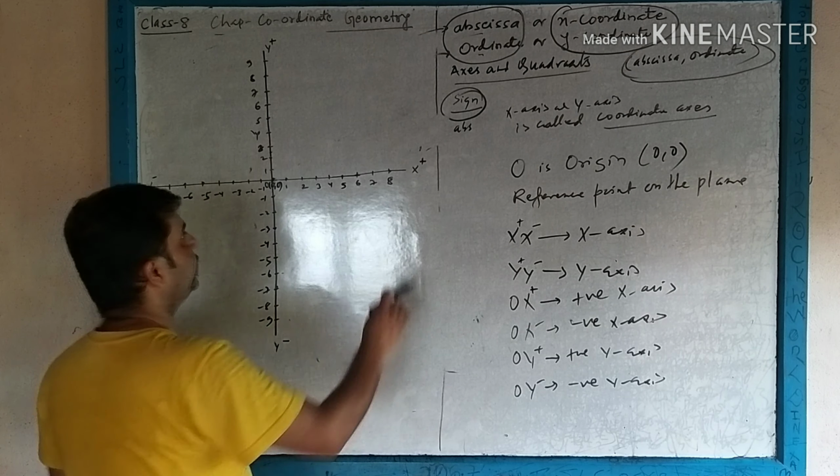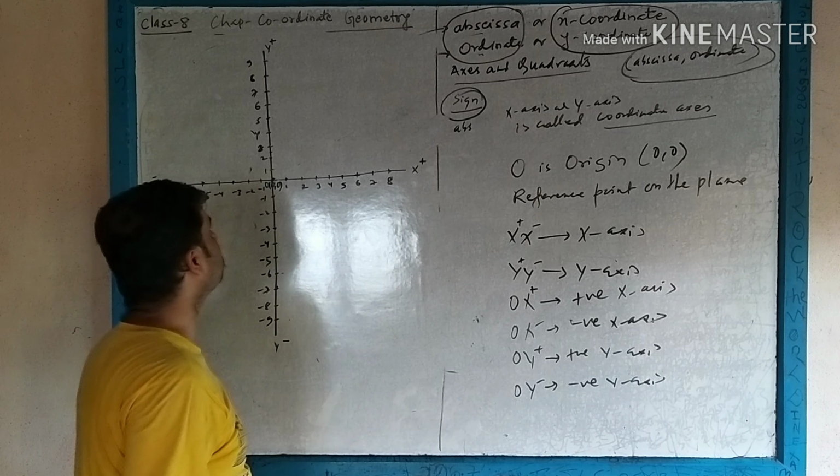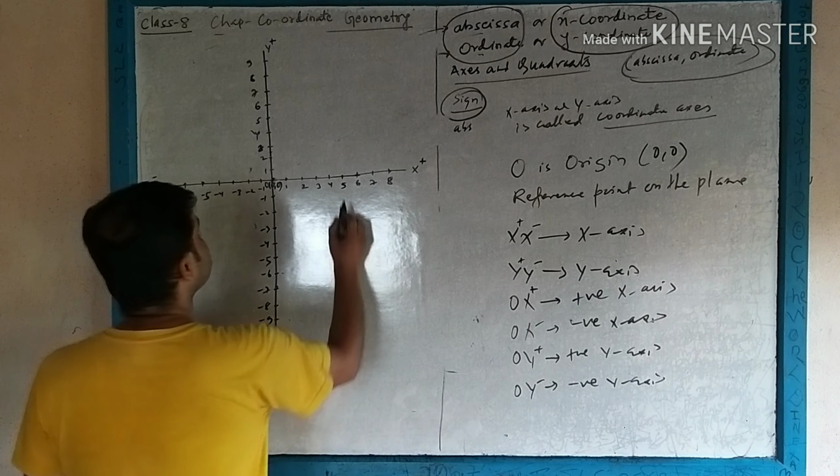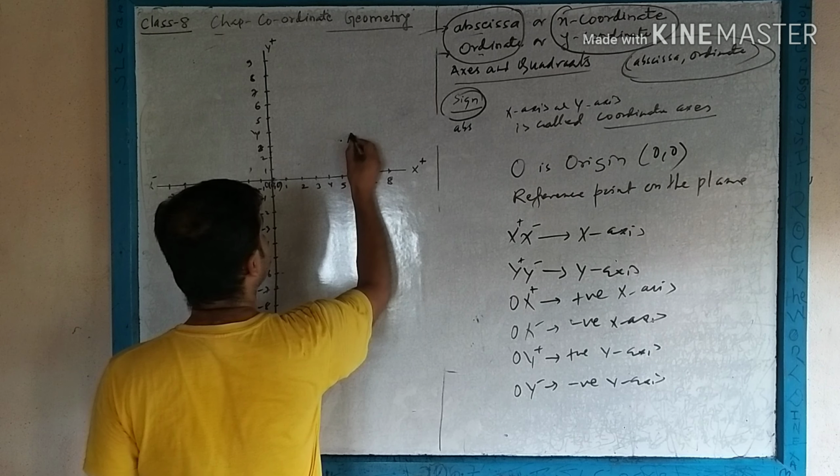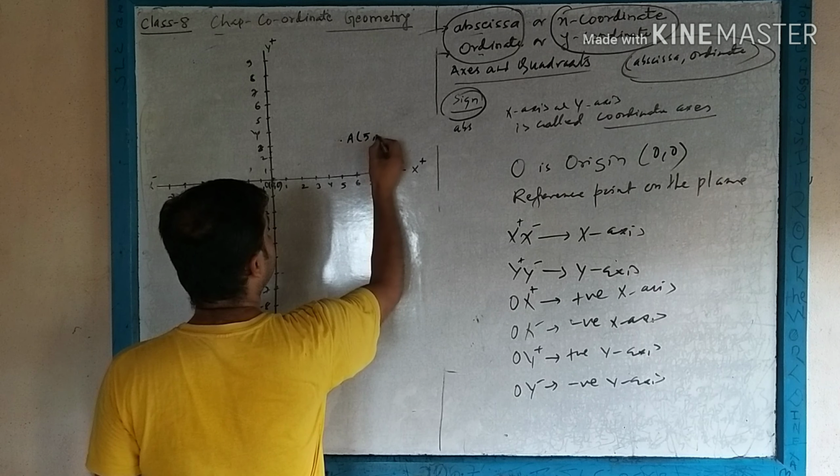So let me go to a point. Let me take a point here. Suppose if I take a point here, this point is A, which is 5, 3.